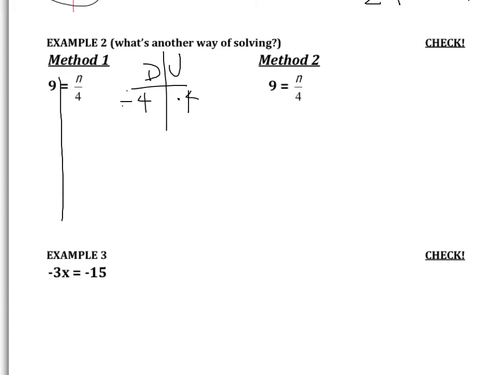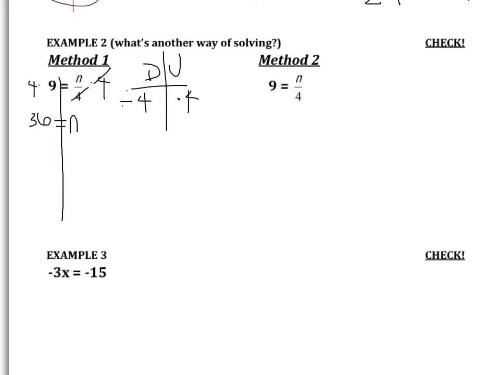Remember, the opposite of division is multiplication. So I'm going to times this side by 4, and I'm going to times this side by 4. These 4s cancel out, and I'm left with n. And 4 times 9 is 36. So there's one way.